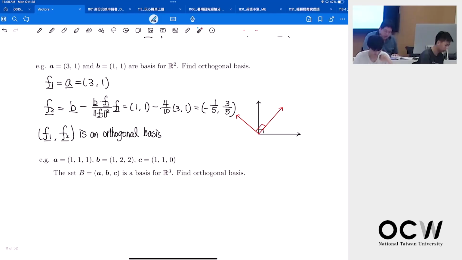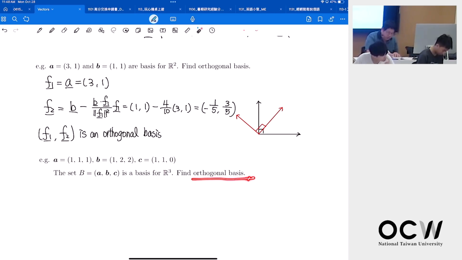All right, let's see the case in 3 dimensions. In 3 dimensions, we need one more. So I have 3 vectors A, B, C that form a basis, but I want to find the orthogonal basis.